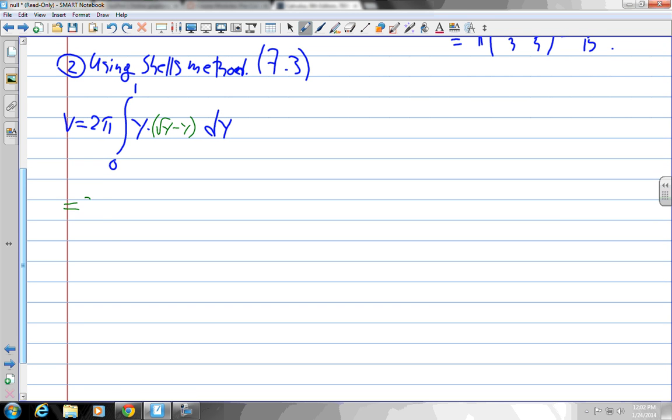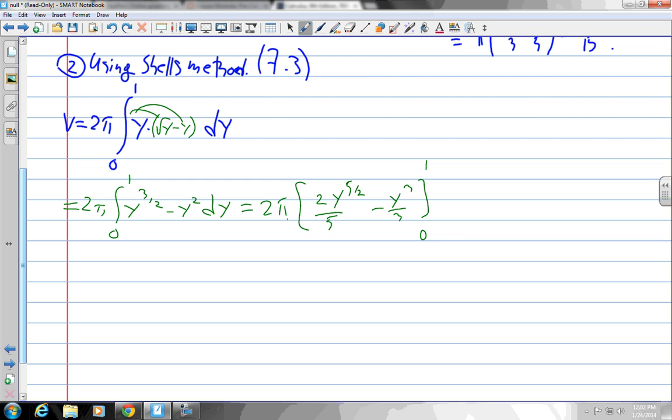But anyways, let's try that. So it's 2 pi from 0 to 1. Distribute that. So what do we get? Y to the power 3/2, is that right? Minus y squared dy. Integrate that. 2 pi, and then we have y to the power 5/2 times 2 over 5 minus y cubed over 3 from 0 to 1.